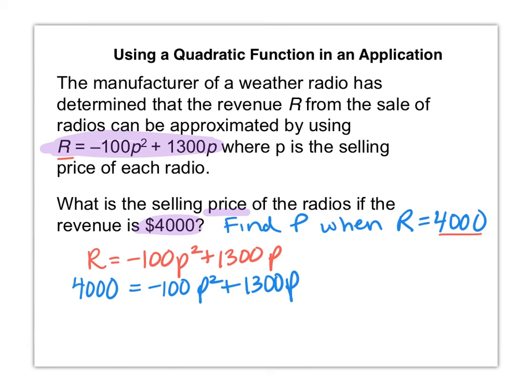This is a quadratic equation. The way we can solve a quadratic equation by factoring is to first write it in standard form. Rewrite the equation if necessary so that one side is 0. So what we can do is add 100p squared to both sides of the equation. And we can also subtract 1300p from both sides of the equation.